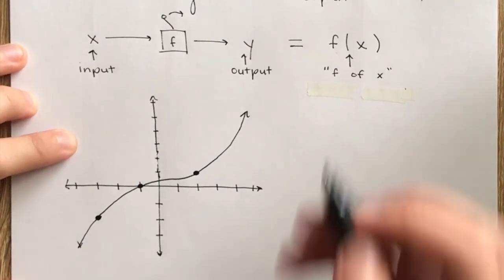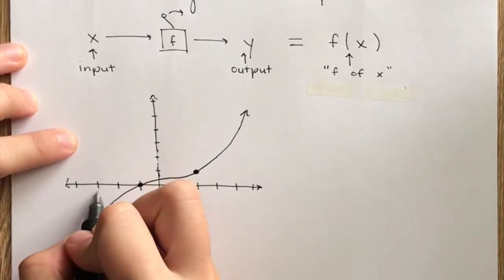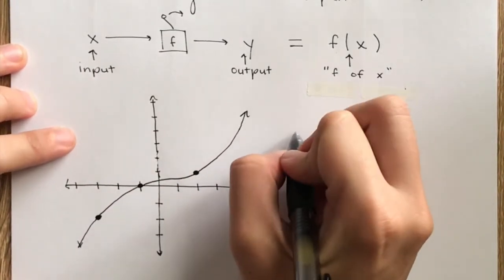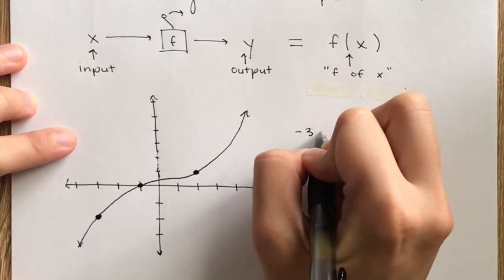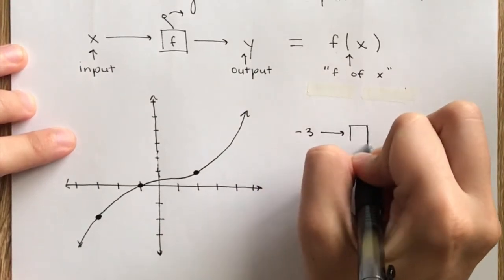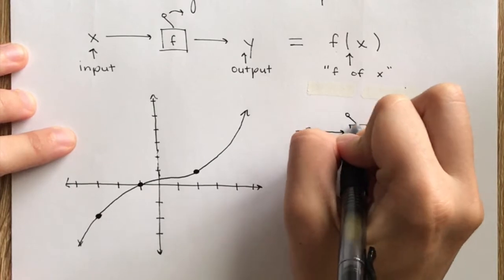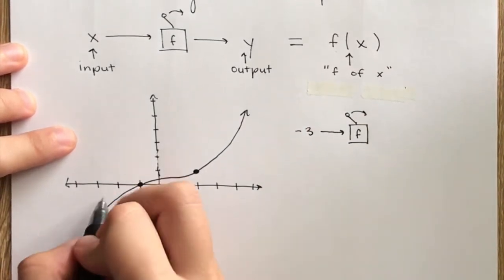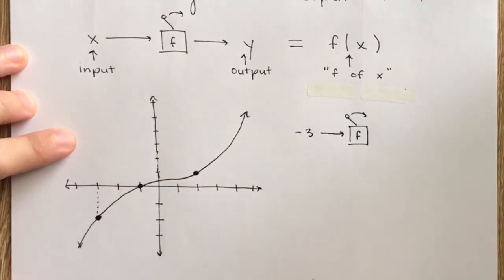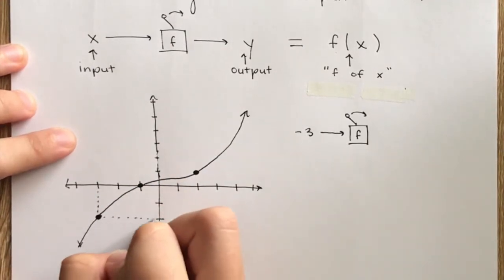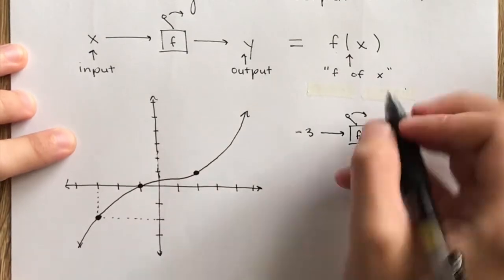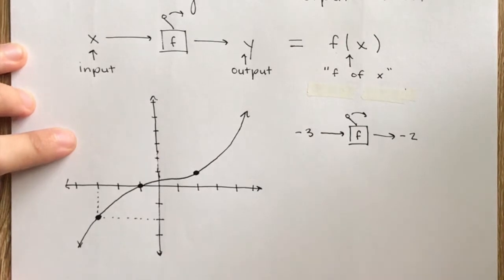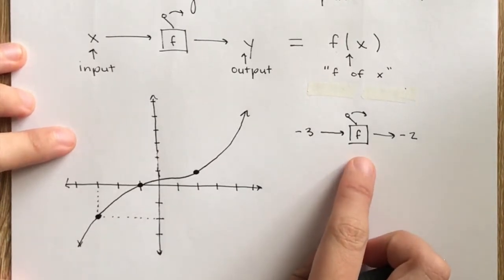At, for instance, x equals -3, let's say we're plugging in -3 for x. We put it into the function. We pull the lever, and what did it spit out? So if x is -3, then y is -2. That's all it means to be a function.